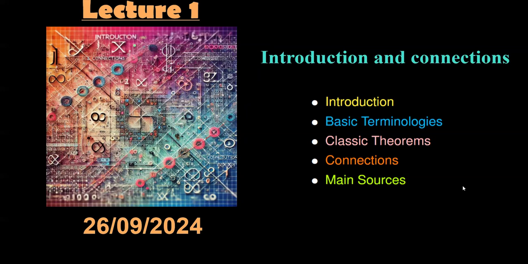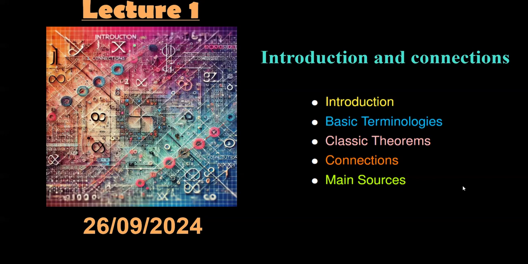Afterward, we will touch on some classic theorems in combinatorics, which are essential building blocks in this field. These theorems give us insight into the mathematical properties of words and sequences. Then, we'll explore connections: how these areas of combinatorics tie into other branches of mathematics, computer science, and even theoretical linguistics.